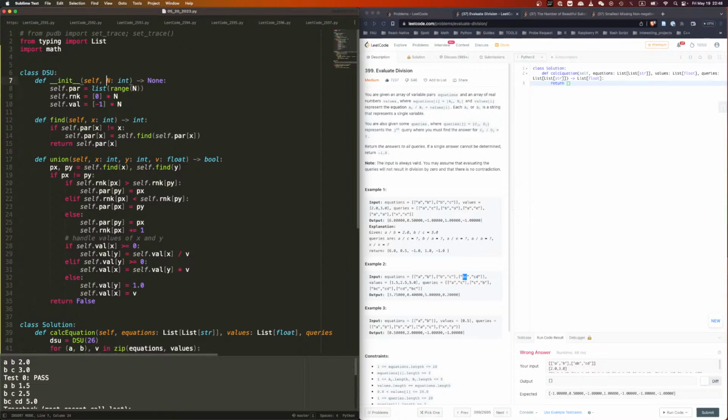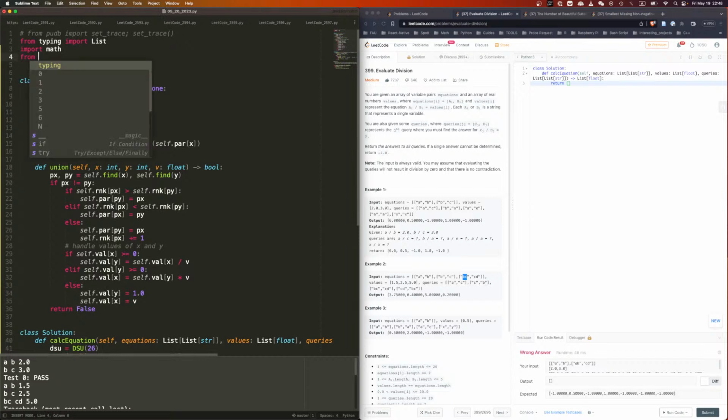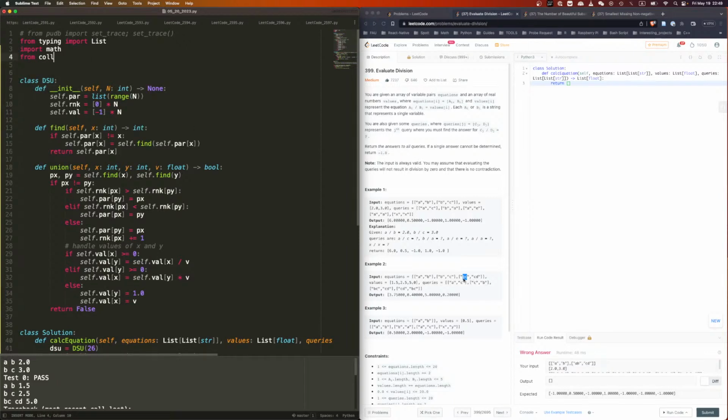Then we don't have initiation. What about the rank? Or you figure out a way to get an int out of this, but I think it's time to use collections default dict. This one is default dict int, and this one is default dict lambda -1.